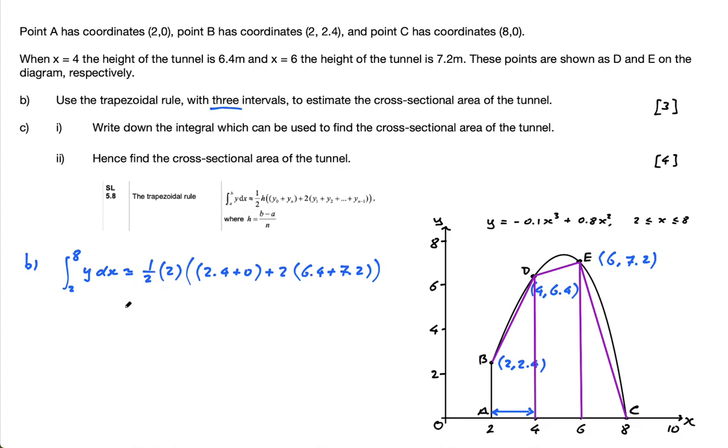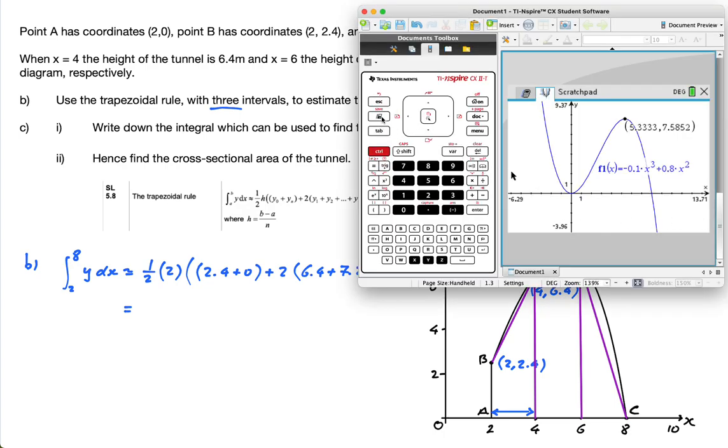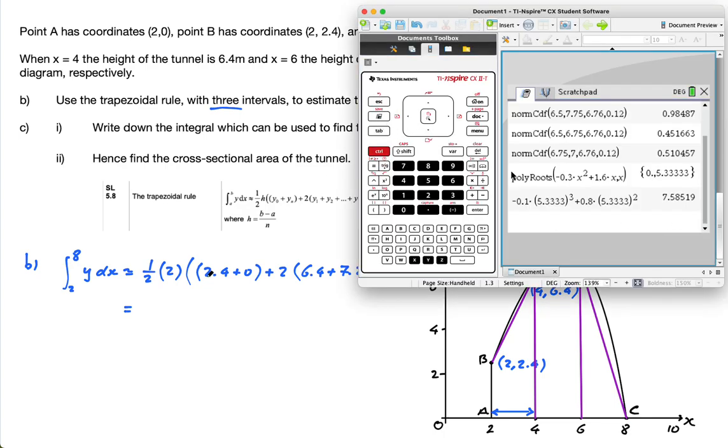But now I'm just gonna solve this with the calculator. So this will give me, just be careful guys when you put in the numbers. I'll do 0.5 for a half times 2. That's 1 times 2. 2 brackets. So the first one is 2.4 plus 0, if you like. Obviously, you don't have to put in the plus 0.